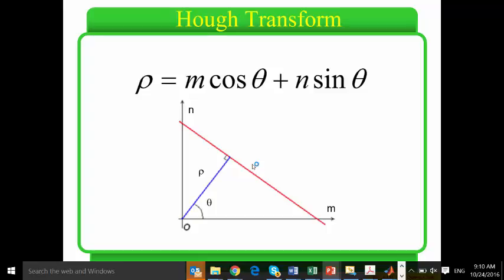What do you think? Using the same rho and the same theta, this equation should hold, should be satisfied.